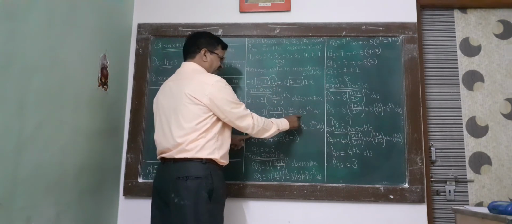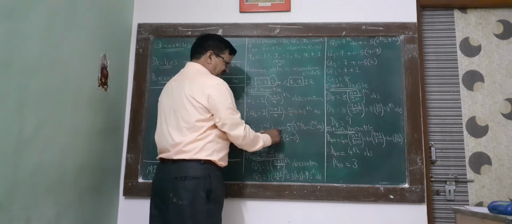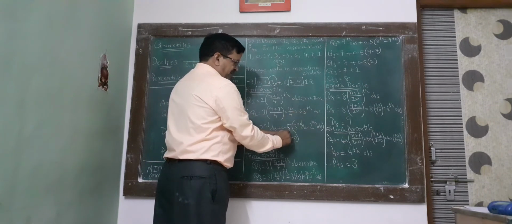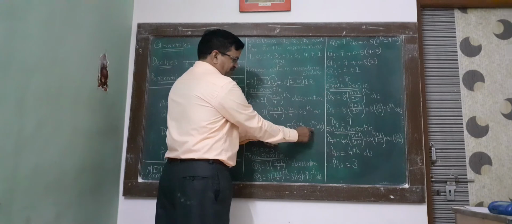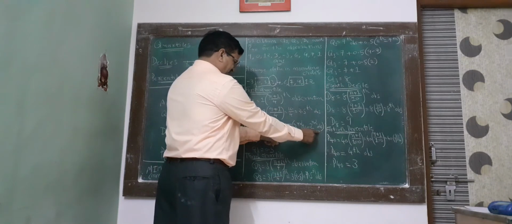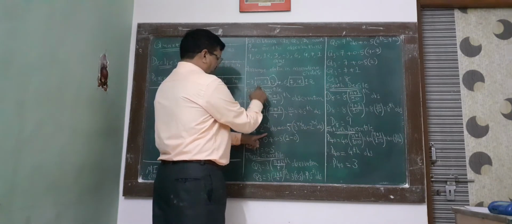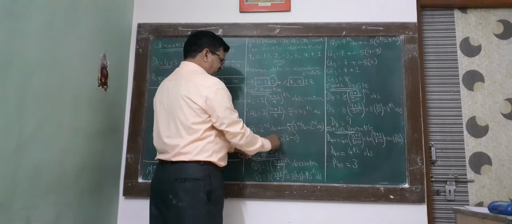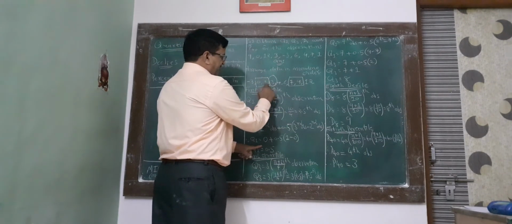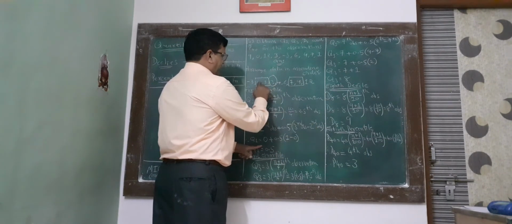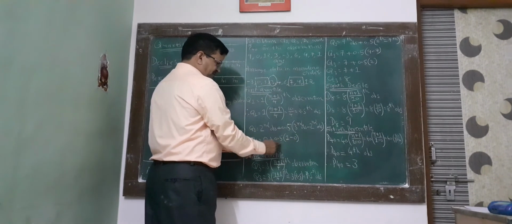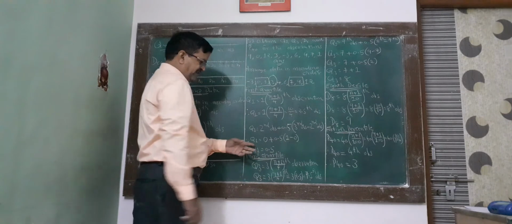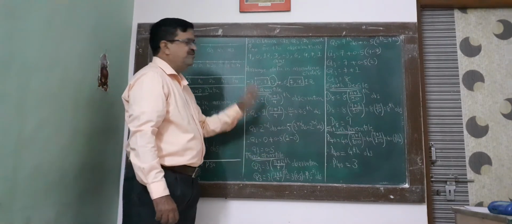So Q1 is equal to the second observation plus 0.5 into (third observation minus second observation). The second observation is 0 plus 0.5, the third observation is 1 minus the second observation 0. 1 minus 0 is equal to 1, plus 1 into 0.5, is equal to 0.5. So Q1 is equal to 0.5.